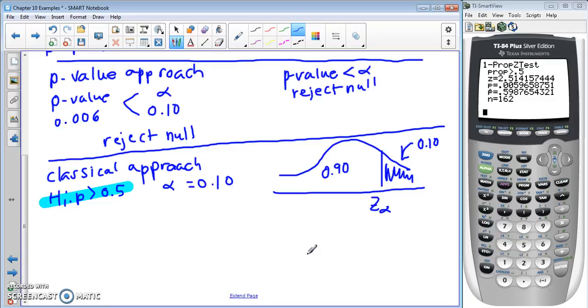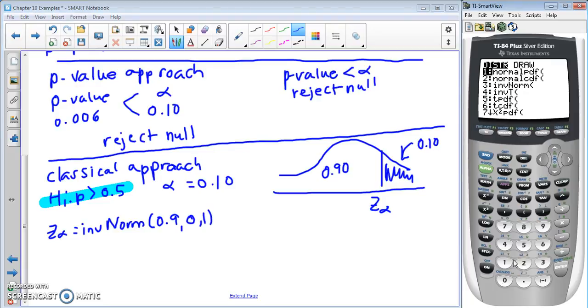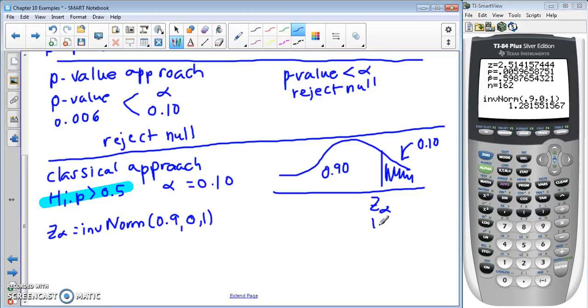So we can find that by doing inverse norm, and then our area to the left is 0.9, comma 0, comma 1, and we get 1.28 there.